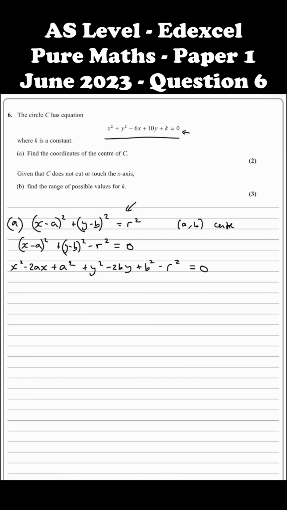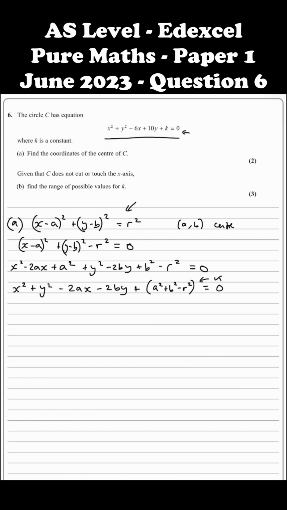So I'll rewrite this now to make it match up against the format at the top. So we're going to have x squared plus y squared minus 2ax minus 2by plus, and I'll put this in brackets, a squared plus b squared minus r squared equals 0. And that in the brackets represents k.